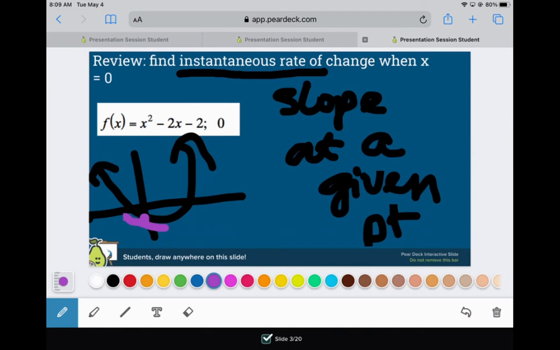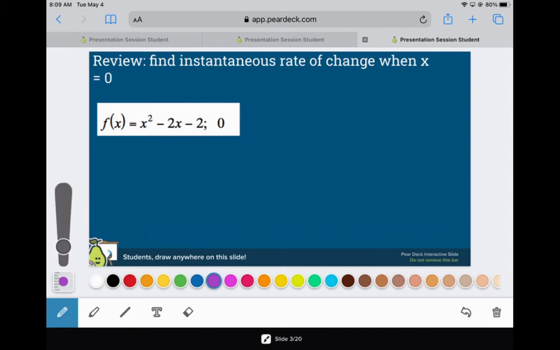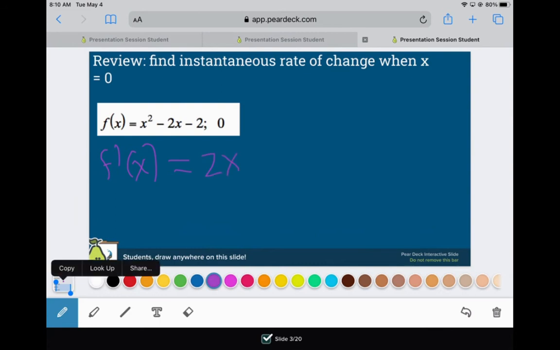So let's review with this one. Step 1, I'm going to take the derivative, which is f prime. When you take the derivative, you bring the 2 to the front. It's going to be 2x minus 2. If you want to see it step by step, you bring down the 2, this is minus 1, this part right here is a linear function, so it's just down to negative 2, and the negative 2 right here becomes 0.